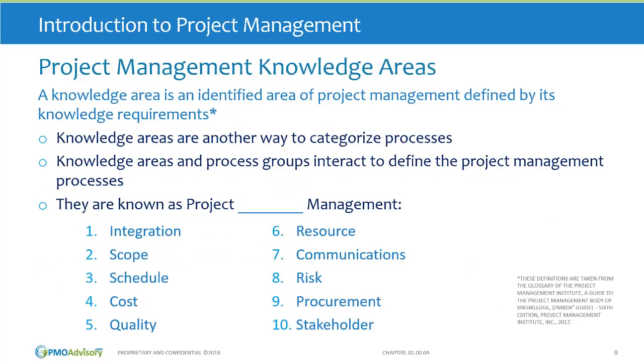In addition to the process groups, each individual process belongs to a knowledge area. So this is another way to categorize the processes. A knowledge area is an identified area of project management defined by its knowledge requirements. So there's an interaction between the knowledge areas and the process groups that defines the project management processes.